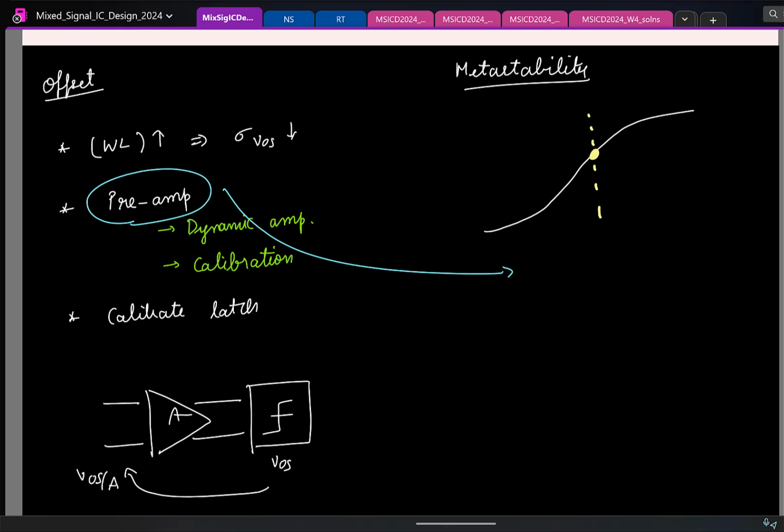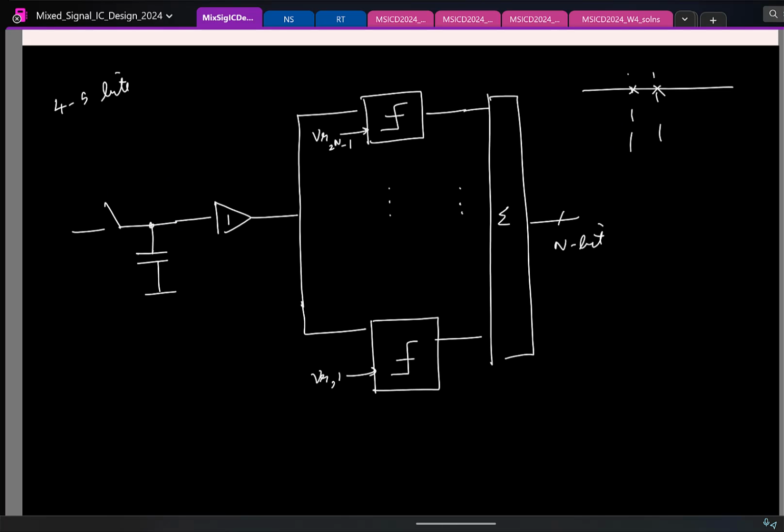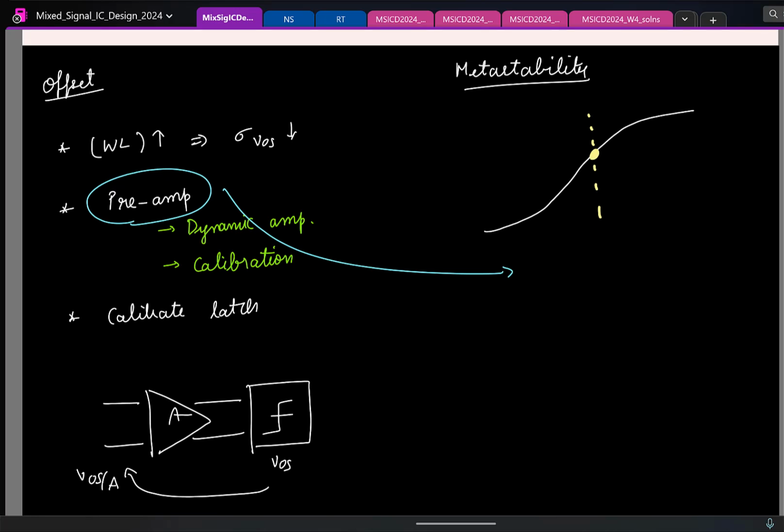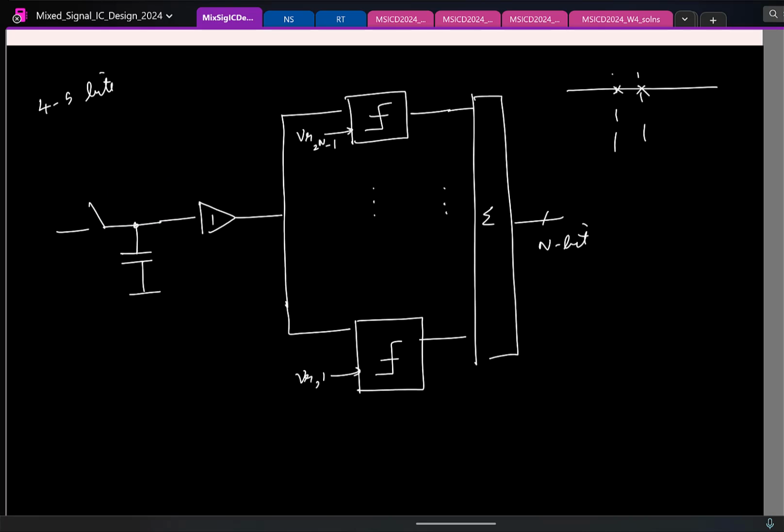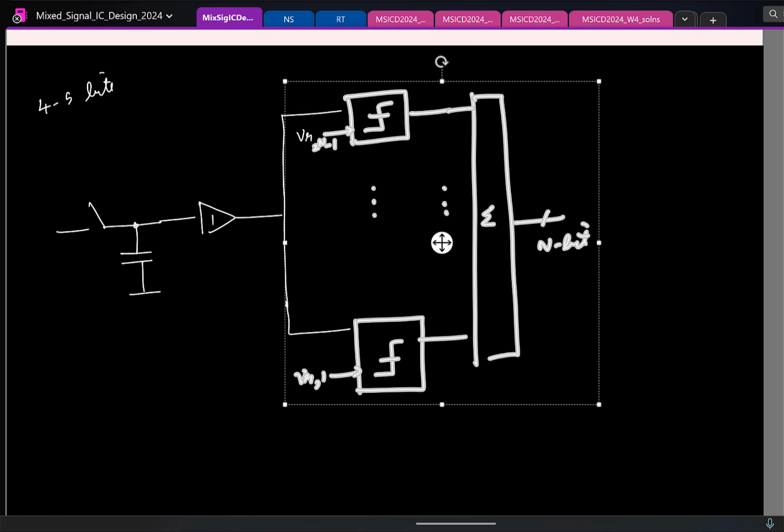So finally the Flash ADC's top level picture will look like this. Before the latch, you put a preamplifier. So let's see if I can add that here. We'll push this and just put a preamp before this.